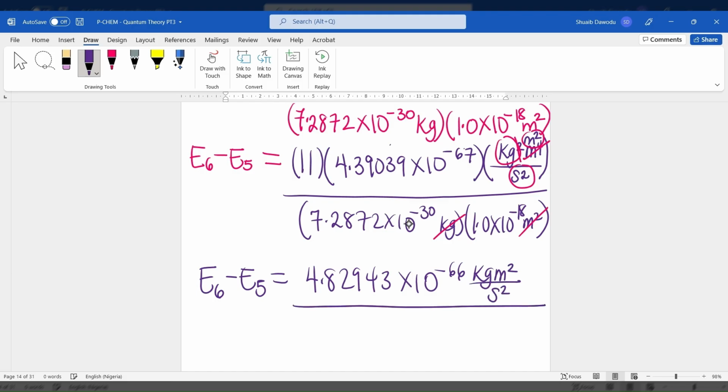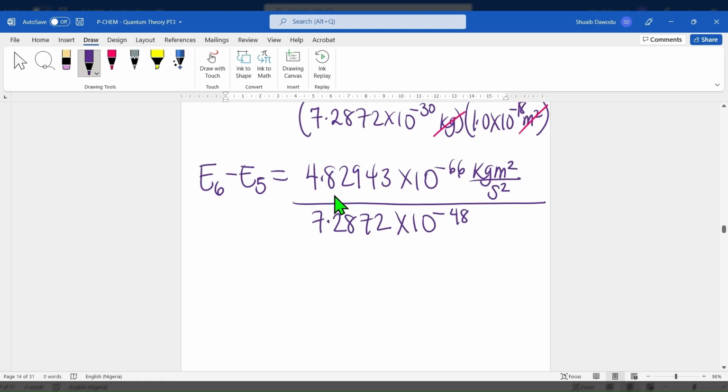All of this divided by 7.28 times 10 to the power of negative 30 multiplied by 1.0 times 10 raised to the power of negative 18 will give you 7.2872 times 10 raised to the power of negative 48. Okay, so that's basically it.